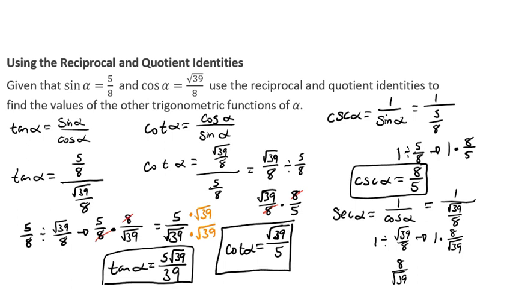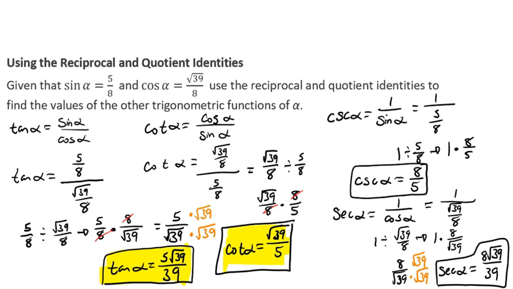From there we need to rationalize because we don't want to leave a radical in the denominator. And that's going to give us a secant value of 8 times the square root of 39 all over 39. And so here, remember, for tangent and cotangent, we used the quotient identities. And for cosecant and secant, we used the reciprocal identities.